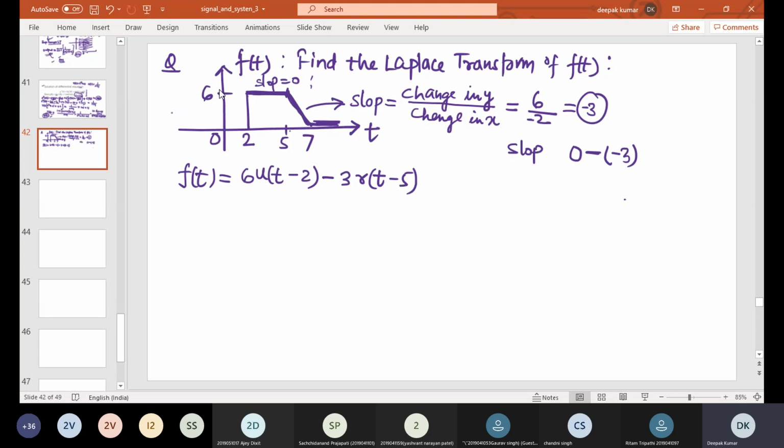Slope at 7 is equal to final slope minus earlier slope. This is equal to 3.